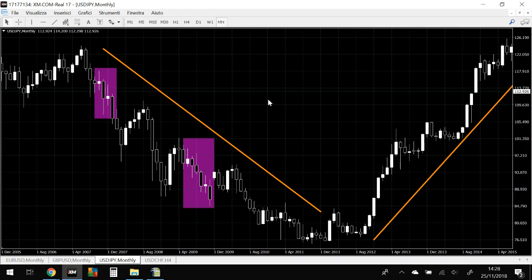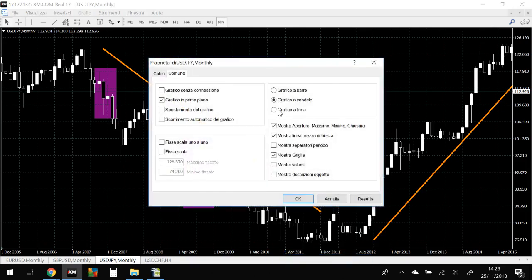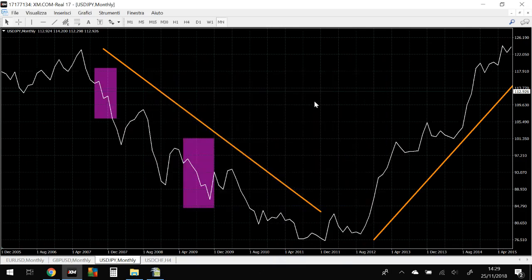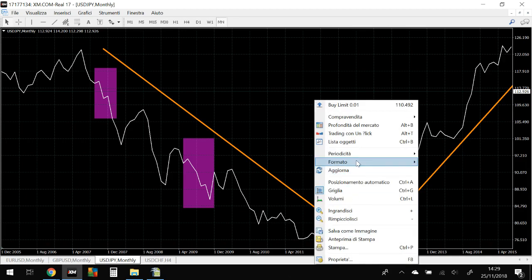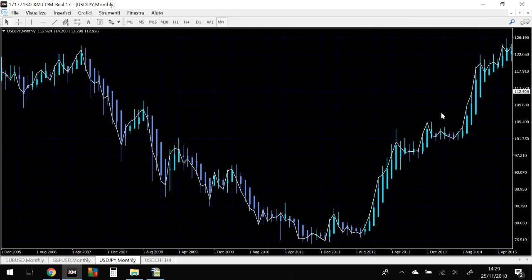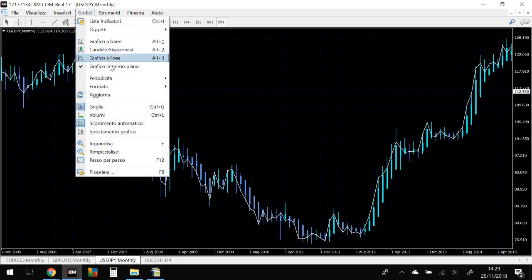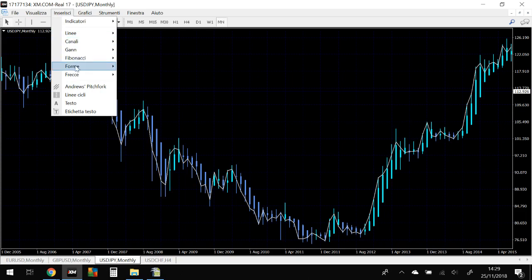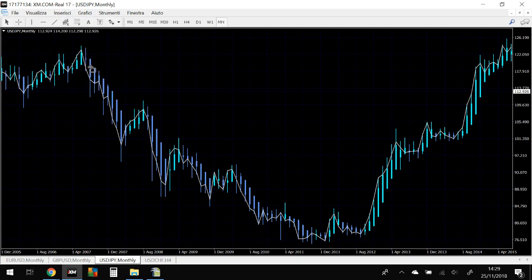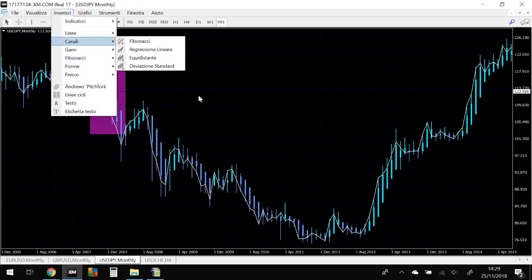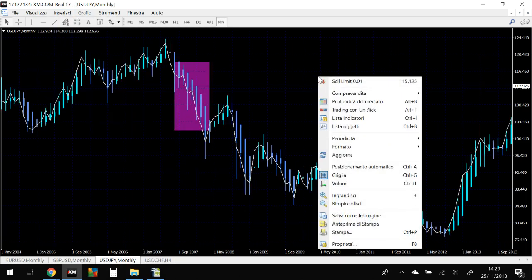So if we take, for example, the line chart, which is the one that we want to use in combination with the Heikin Ashi bar, you see that in this scenario the little noise that we were looking at in the previous chart is nowhere here.